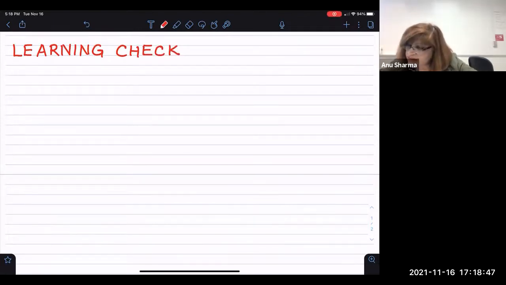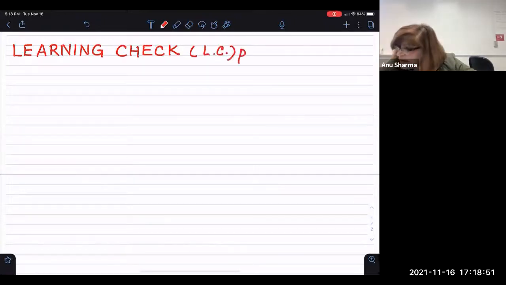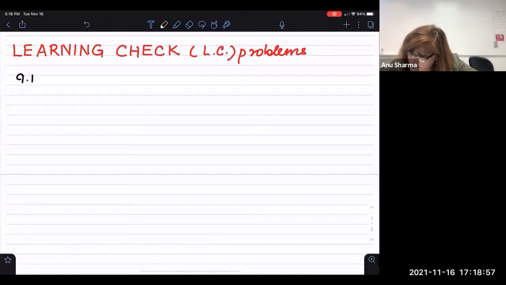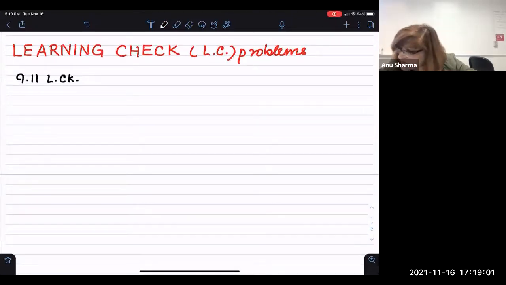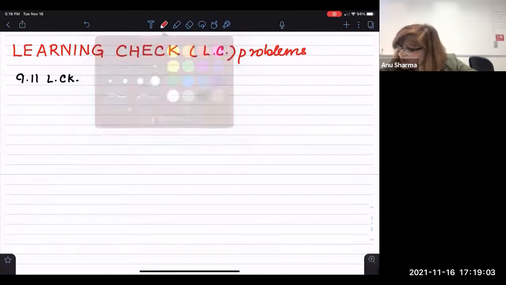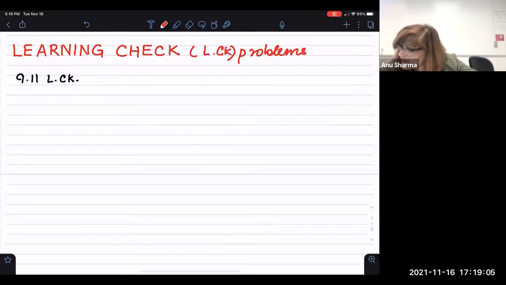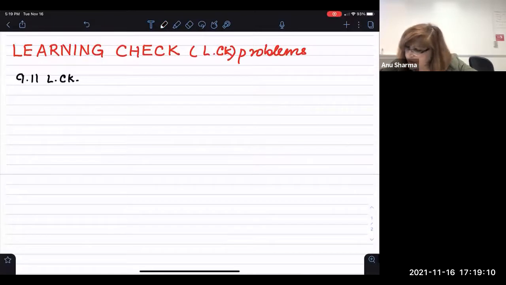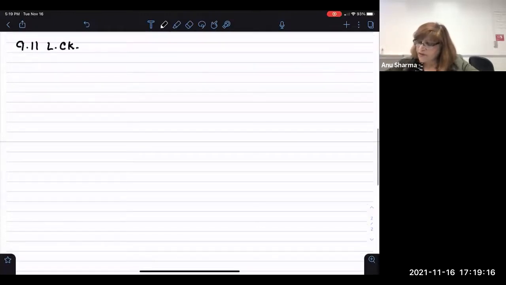Anyway, here's the learning check, and I'll just put this as LC problems. So the very first one is 9.11 learning check, page 481. This is a different book, I have another softer version. Anyway, so you get it, 9.11.